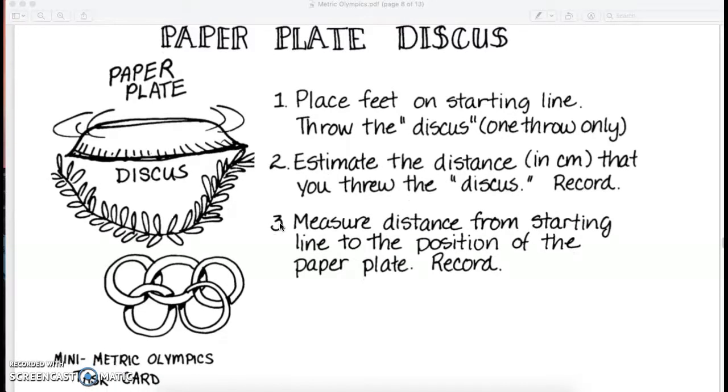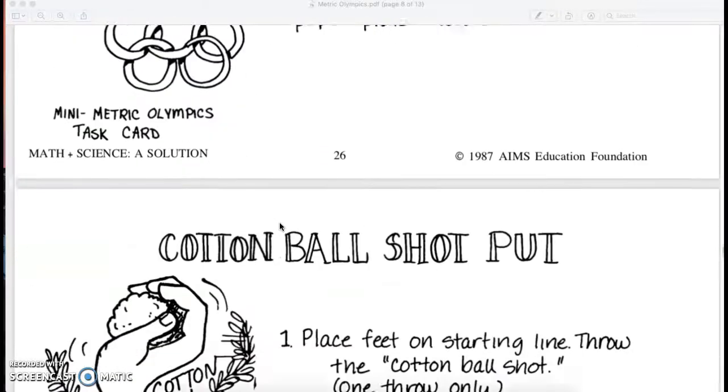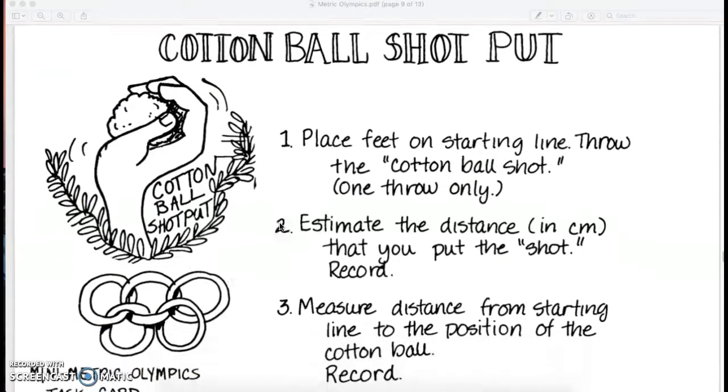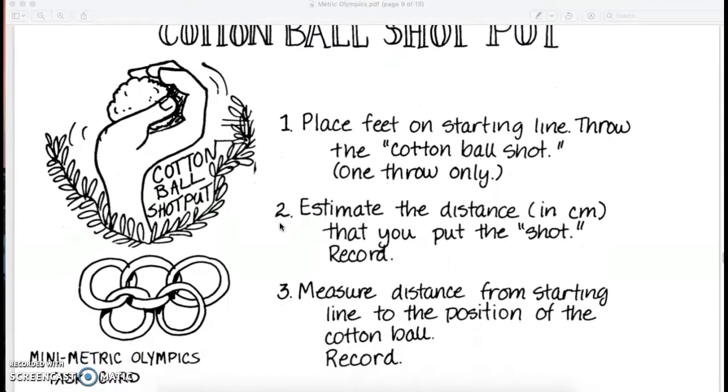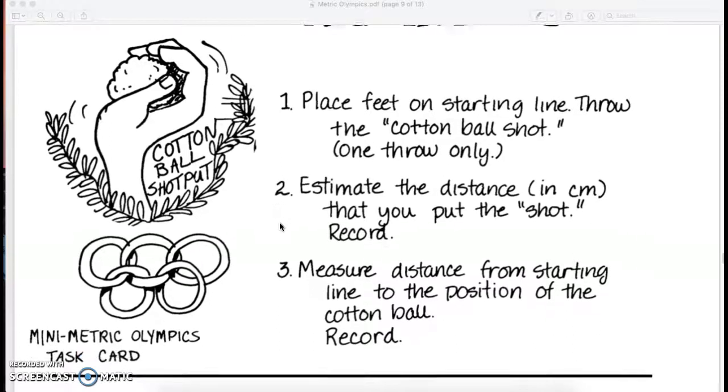Remember, you're subtracting the smaller number from the bigger number. So the bigger number goes first, and then you take away the smaller number. Cotton ball shot put, same idea. You place your feet on a starting line, you throw the cotton ball once, you estimate how far it went, and then you record, and then you measure it where it actually is, and then you find the difference.